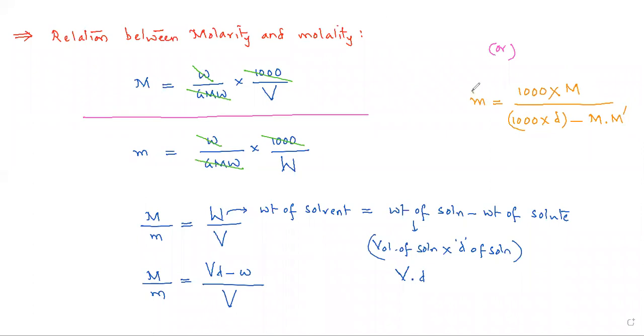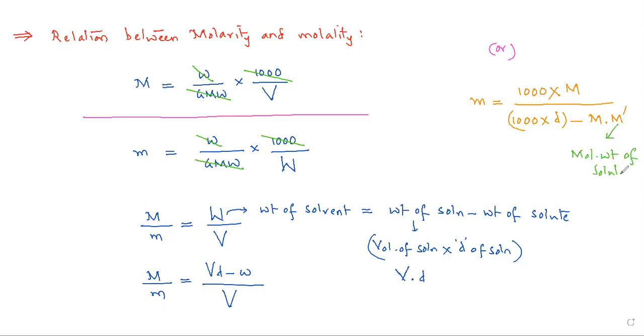Here small m is molality, capital M is molarity, d is density, and m dash is the molecular weight of solute.